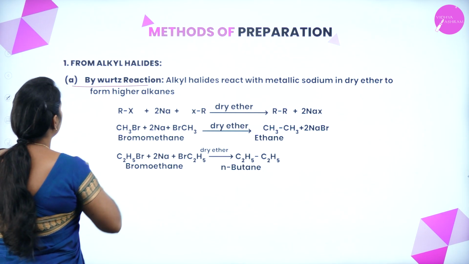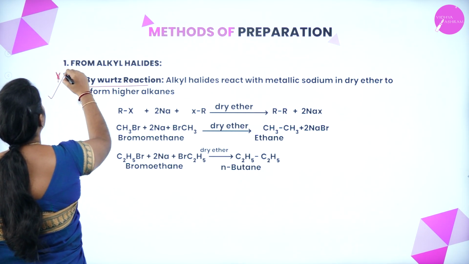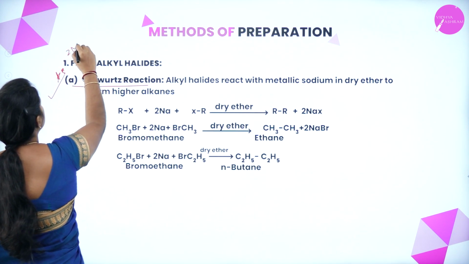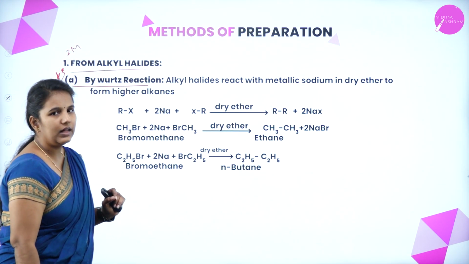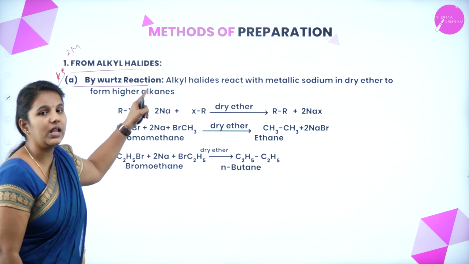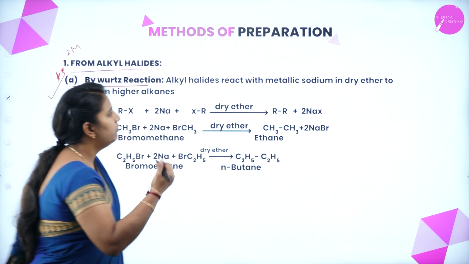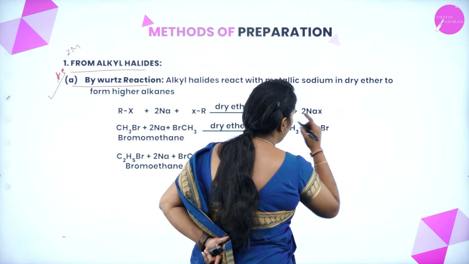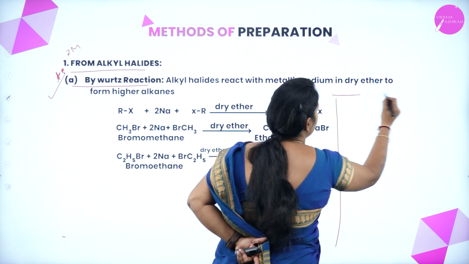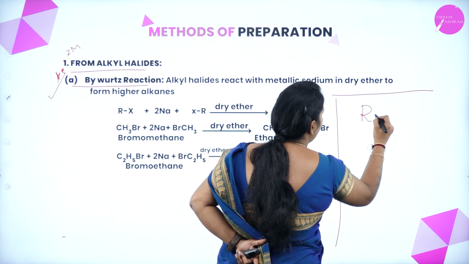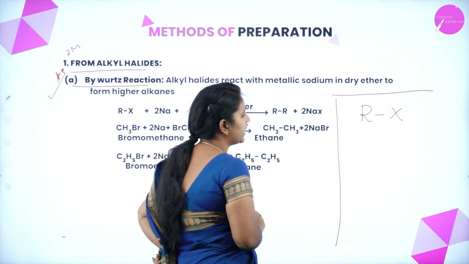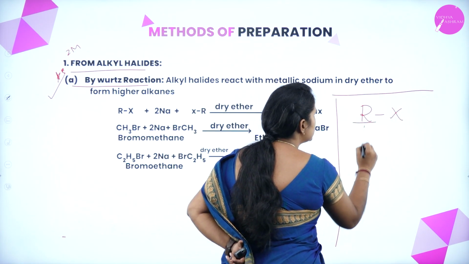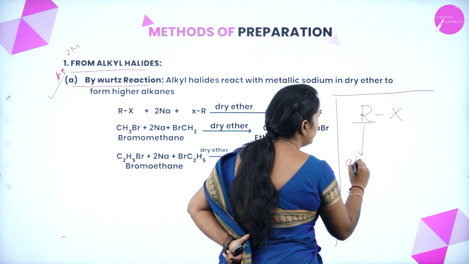So, again this question will be very important for 2 marks. We are preparing the alkane by using alkyl halide. What does alkyl halide mean? Alkyl halide, we represent with a general formula called RX. And this R is nothing but an alkyl group.